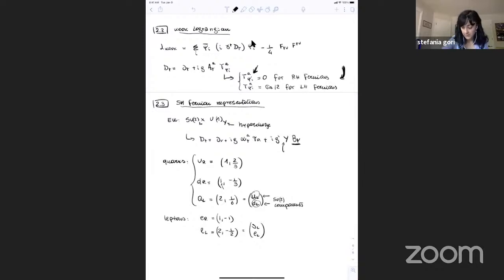In principle, we could put some index i everywhere, with i equal to 1, 2, 3, an index of flavor, because we know that we have 3 generations for each quark and lepton of the standard model.